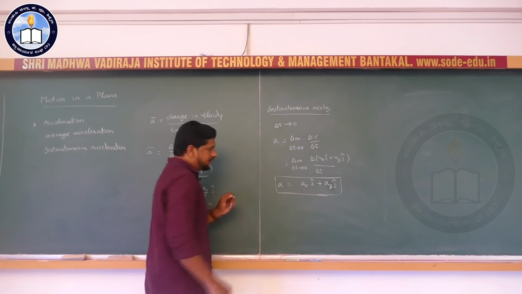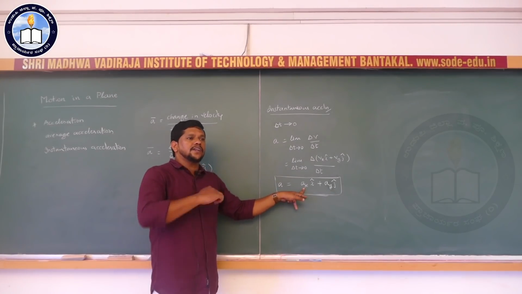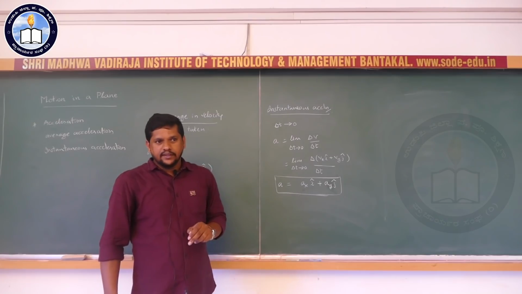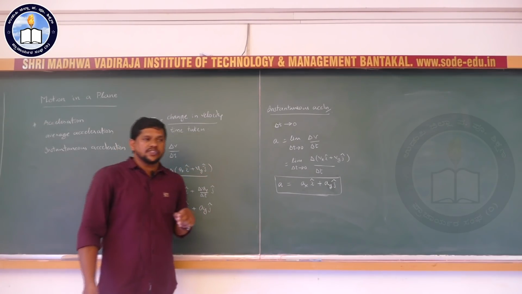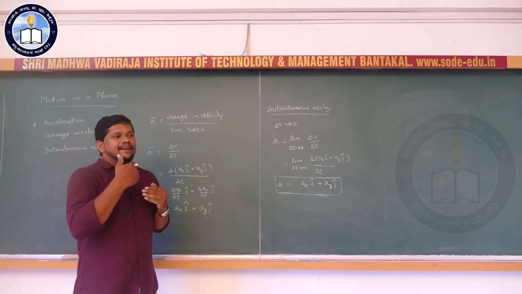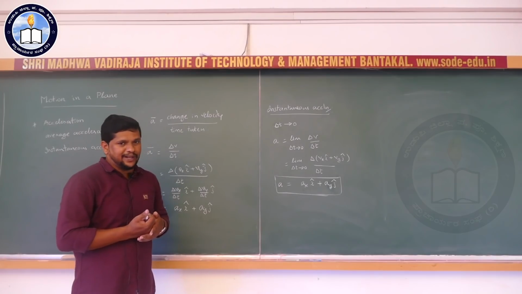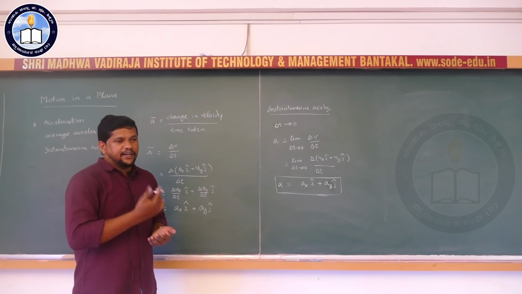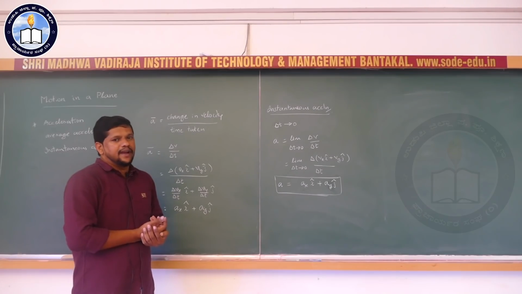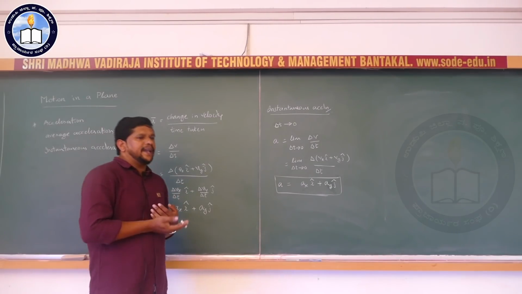By this, one can come to a conclusion that in case of one dimensional motion, the direction of acceleration is along the velocity itself, either in the direction of velocity or opposite to the direction of velocity. But in case of planar motion, either in 2 dimension or 3 dimension, acceleration can be in any direction, at any angle between 0 to 180 degree.